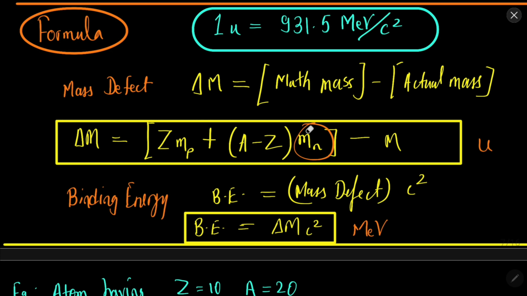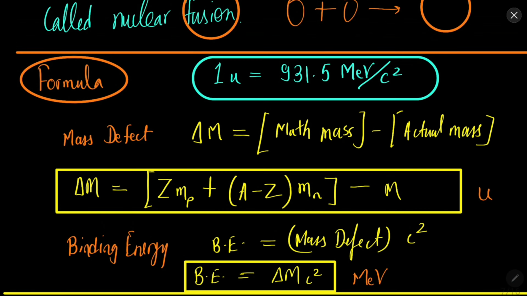And mass of neutron into the number of neutrons, which can be obtained by mass number minus atomic number, because atomic number is the number of protons and mass number is the number of protons plus the number of neutrons. So when subtracting these two, protons will get cancelled, only neutrons will remain. So this is the mathematical mass, and minus the actual mass. Let's say the actual mass is m. So this will give us the mass defect.